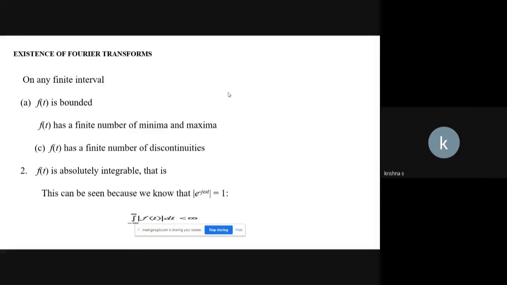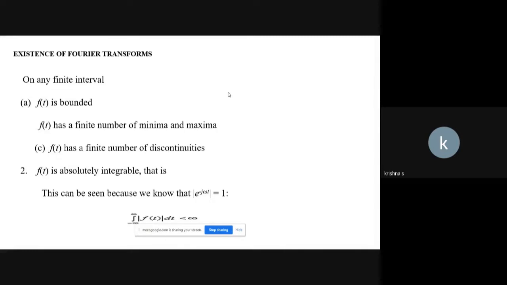As one of our colleagues said, infinity has many meanings; for one person it may be 10, for another it may be 20 or 30, depending on the situation. Here, the function should be absolutely integrable, meaning the integral should be less than infinity. So these are some conditions for our Fourier transform.